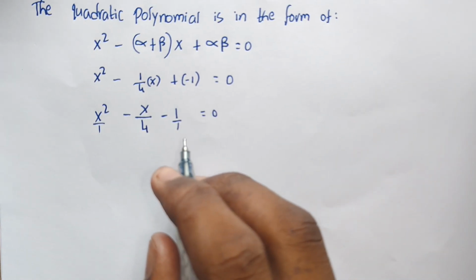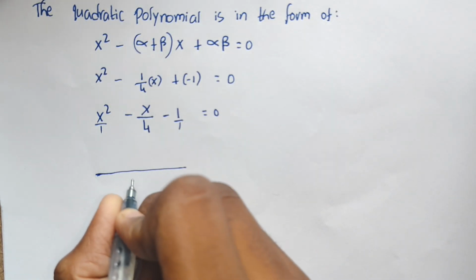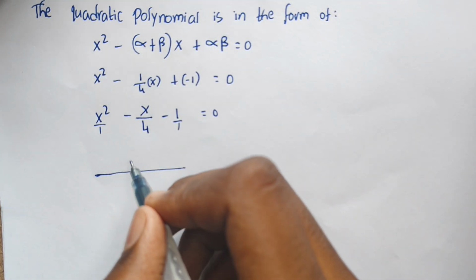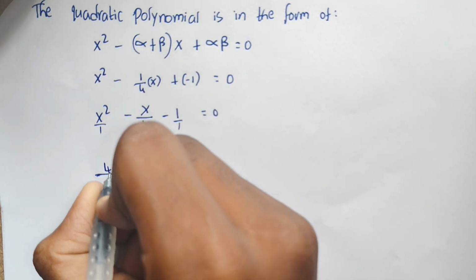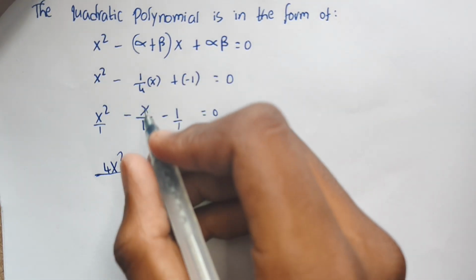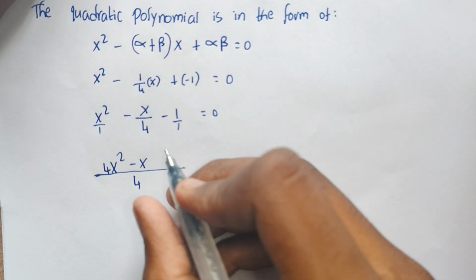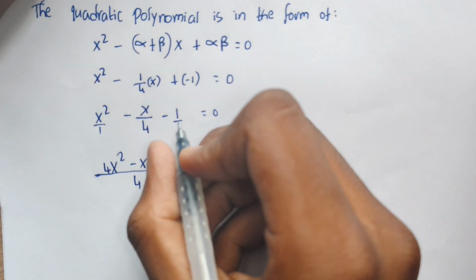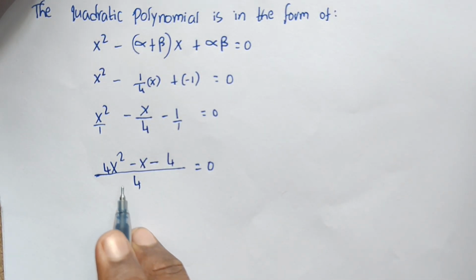So the LCM of 1, 4, 1 is 4. 1 in 4, 4 times, so 4 into x square: 4x square minus 4 in 4, 1 time, so 1 into x, plus into minus 4 into 1, 4, is equal to 0.